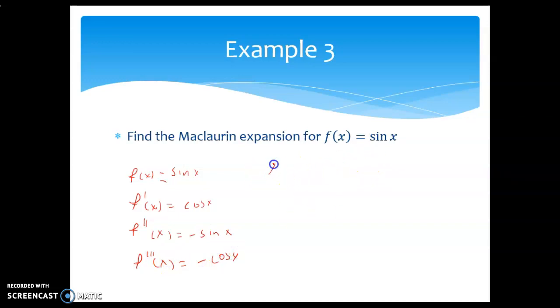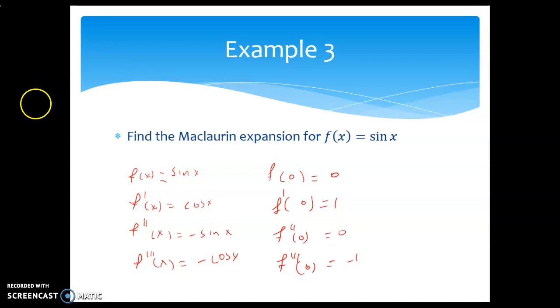So here f of 0 is equal to 0, f prime of 0 is equal to 1, f double prime of 0 is equal to 0, f triple prime of 0 is equal to negative 1.